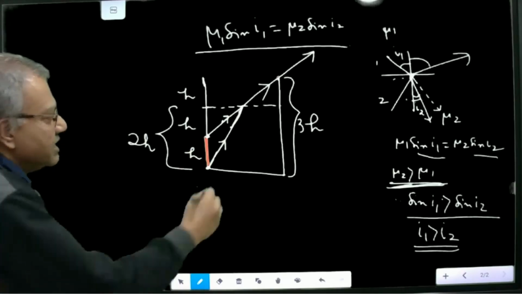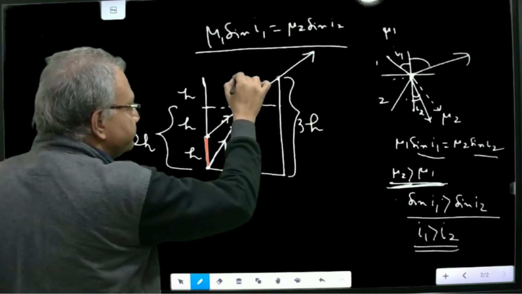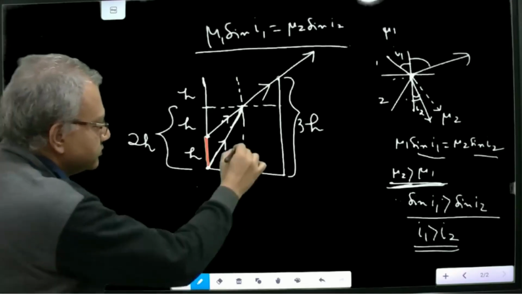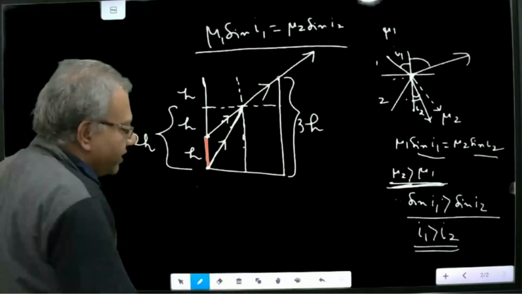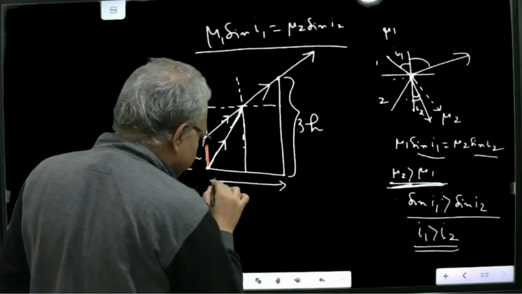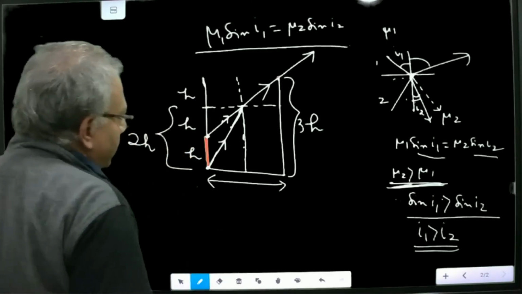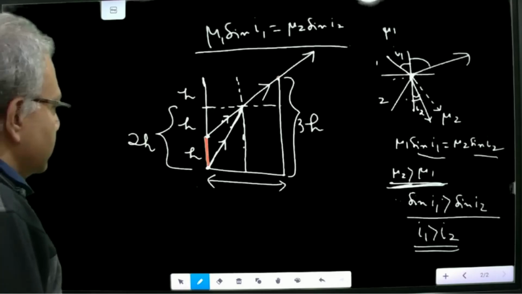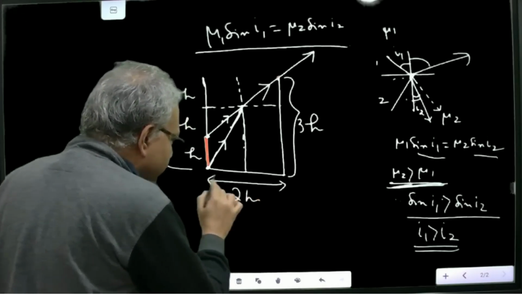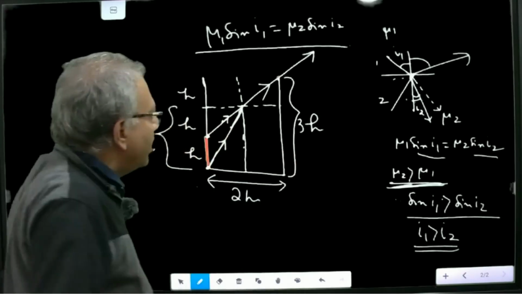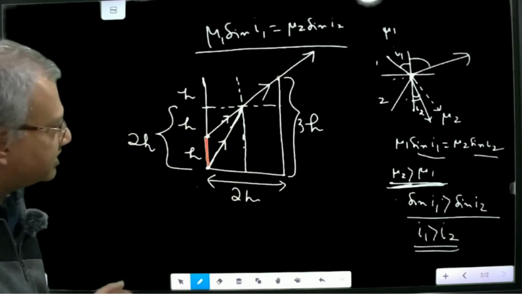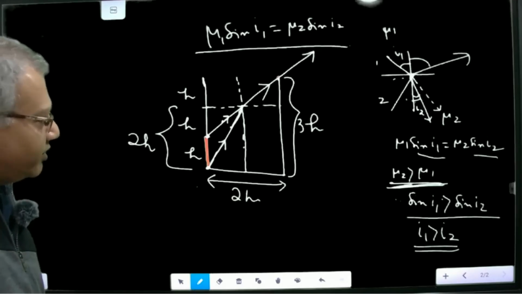If I drop a normal this way, and take this as 2h, meaning the width of the container, actually the diameter of the container is 2h. So what is going to happen here? You can observe, children.